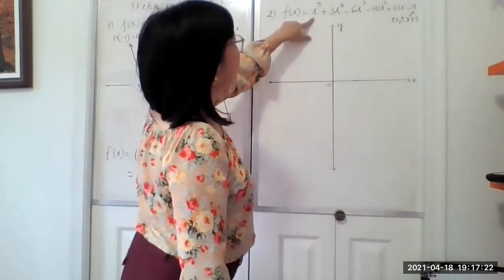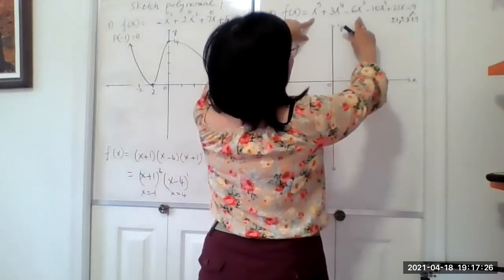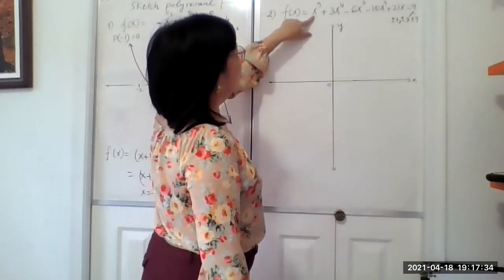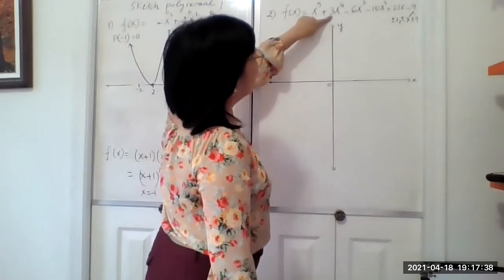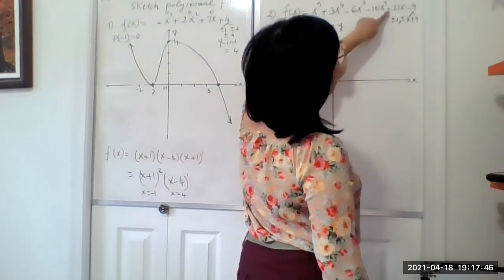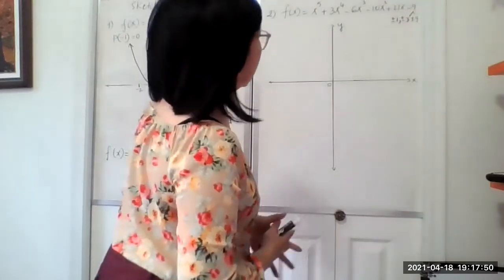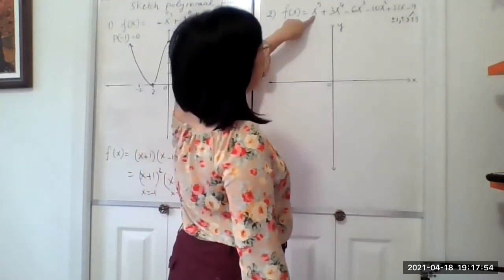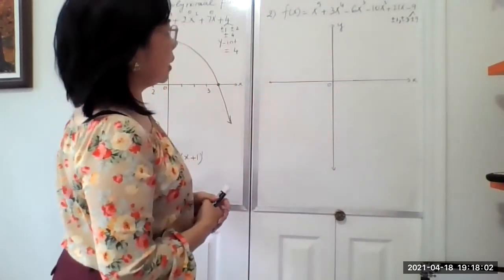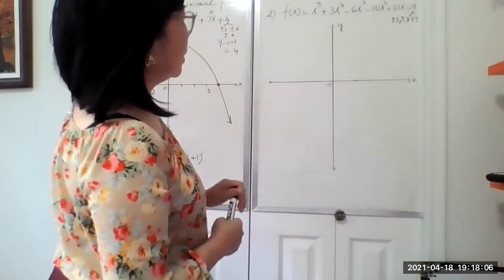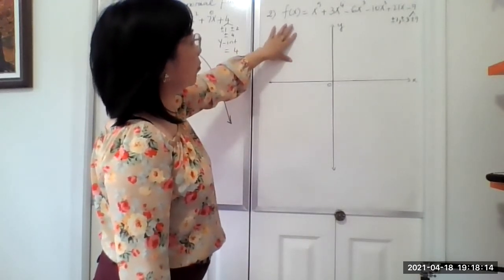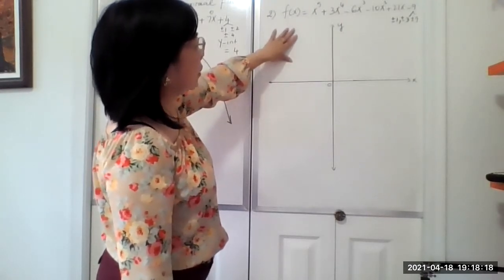Then we have positive 21, so 4 plus 21 is 25. So it seems to work if we get the 1 there. Yeah, so if x equals 1, it worked out.